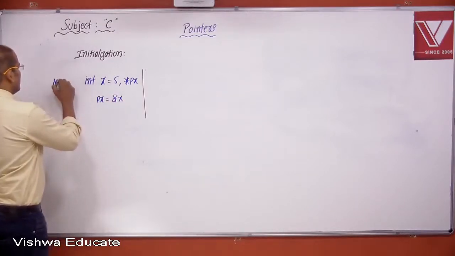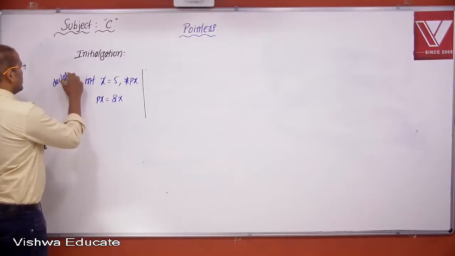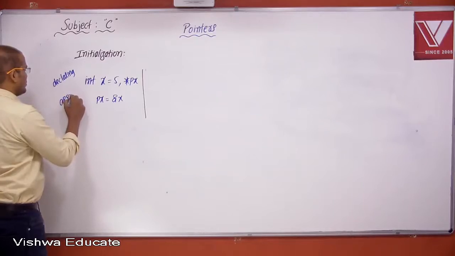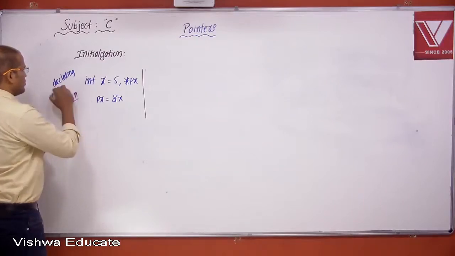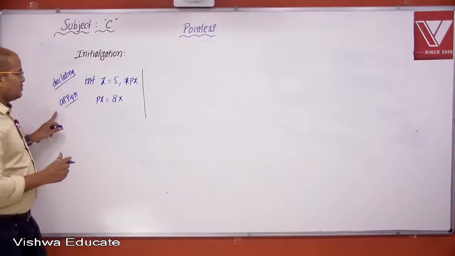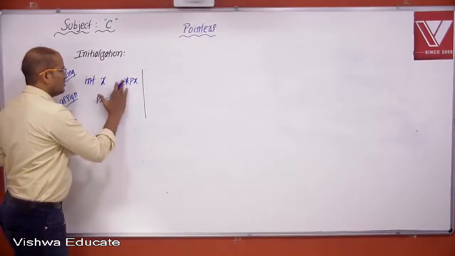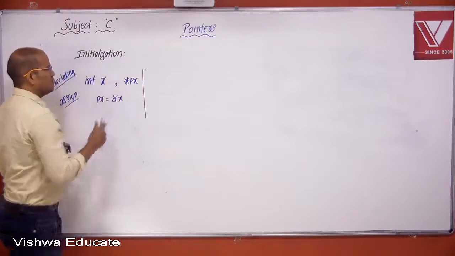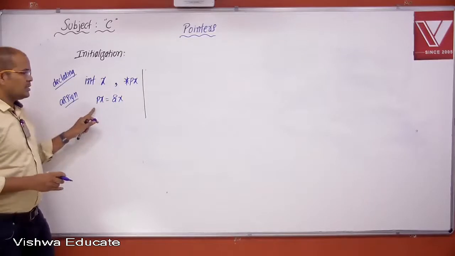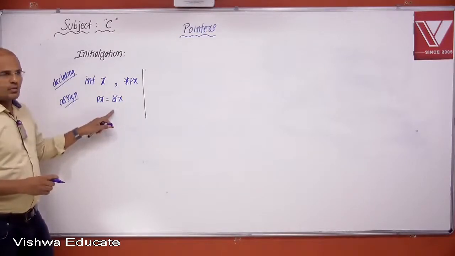This is declaring, and this is assigning. So declaring is one step, assigning is another step. So take int x, it should make sense. Int x, pointer px is address of x.